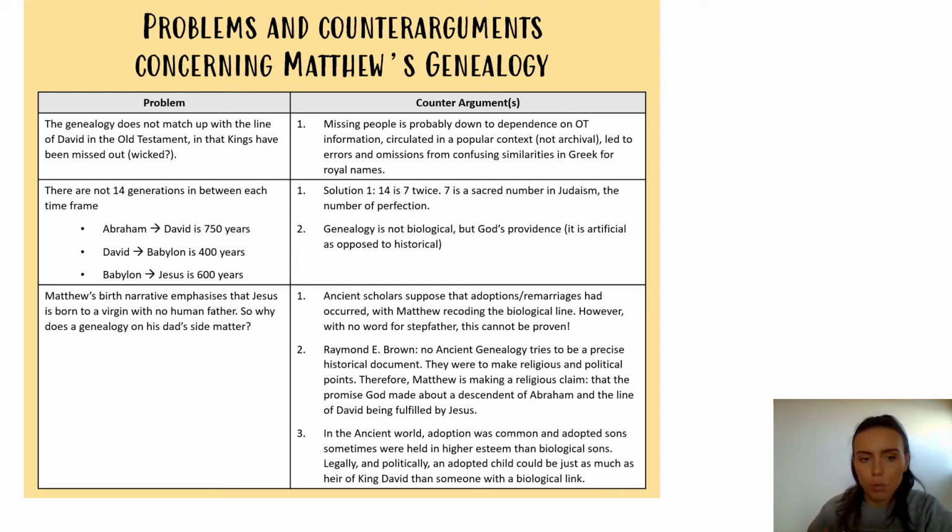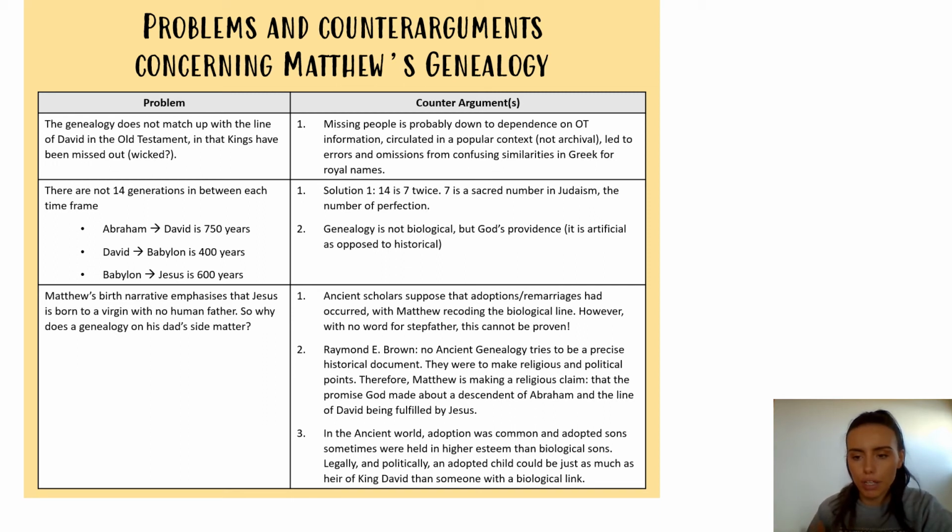And a second reason why this might not matter is that genealogy, in this context, when Matthew was writing his gospel, wasn't about being biologically accurate. Not like today, our genealogies are all about tracing accurately back through parents and grandparents, our ancestry.